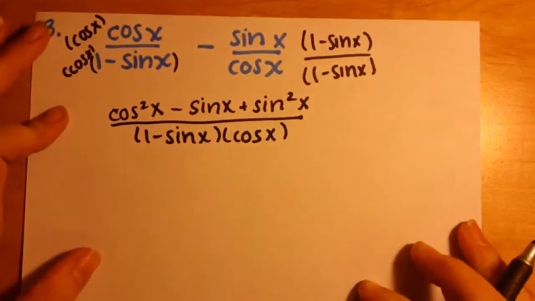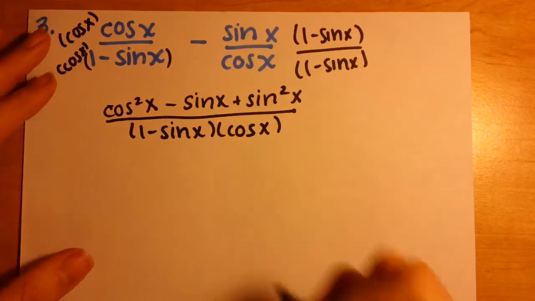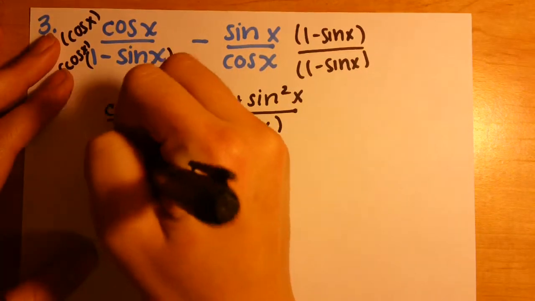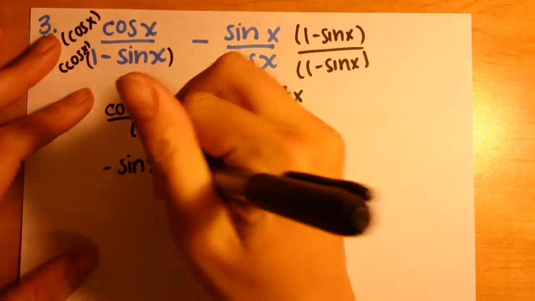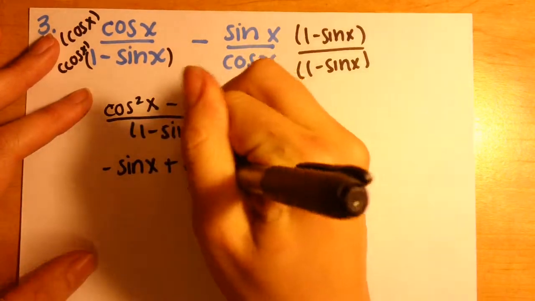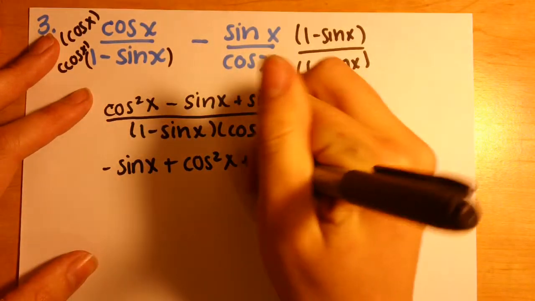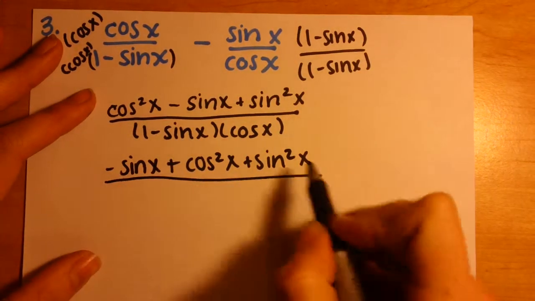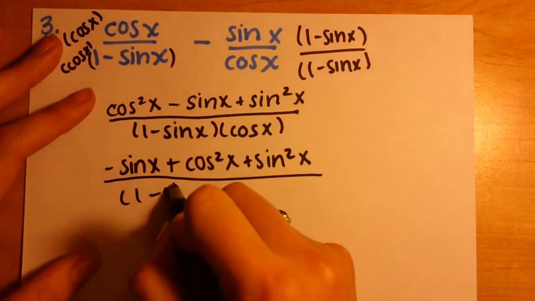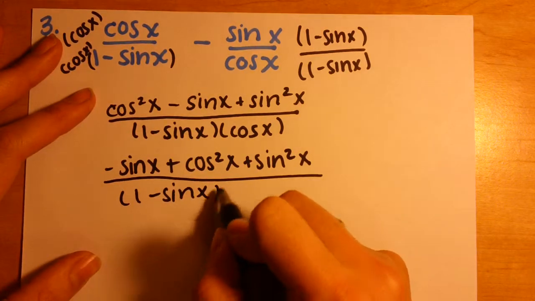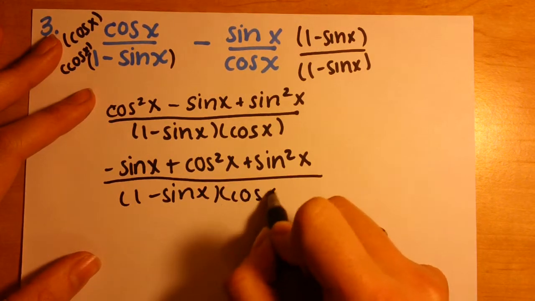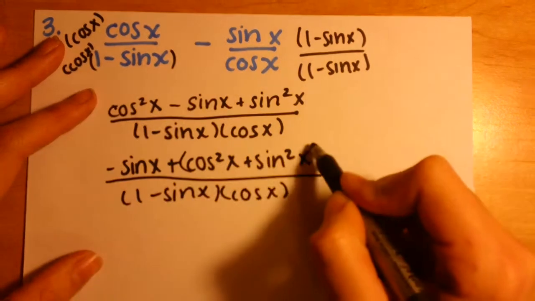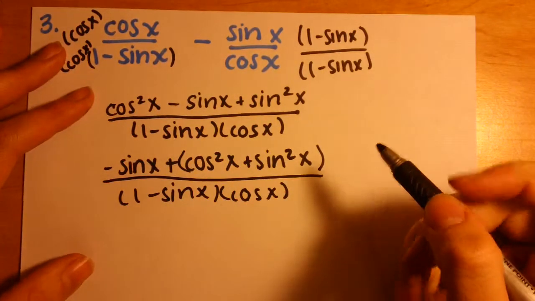So we can rearrange a little bit to help us see this better. We'll have minus sine x, plus our cosine squared x plus our sine squared x, all over our denominator of 1 minus sine x times cosine of x. Now notice this here is one of our Pythagorean identities.